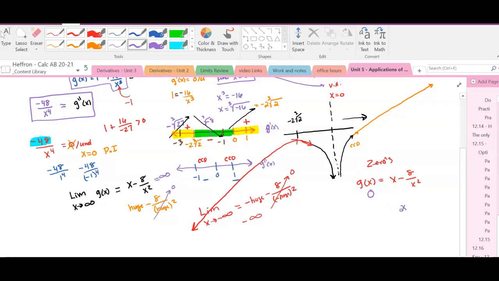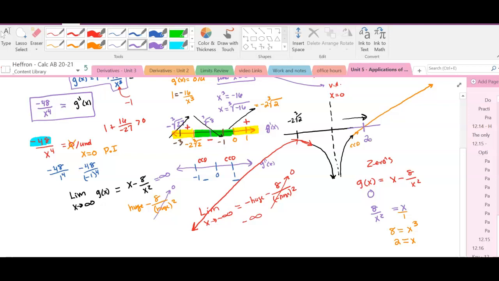That will be when x equals 8 over x squared. Cross multiplying will be when 8 equals x cubed, or the cube root of 8 is 2. So now I know this 0 is 2, so it's making more and more sense.